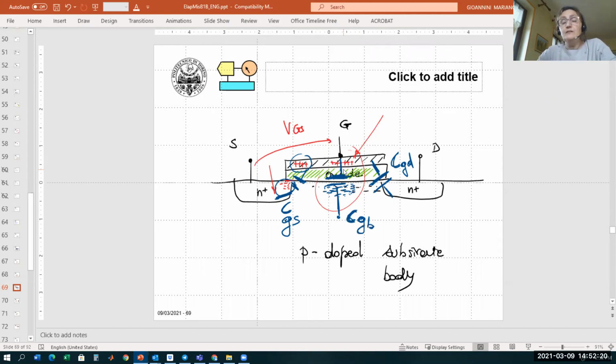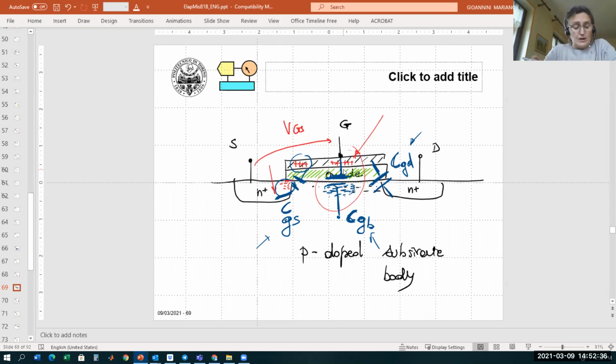Okay, these three capacitances are quite important to determine the dynamics of these devices.